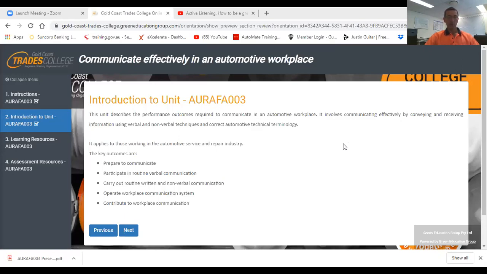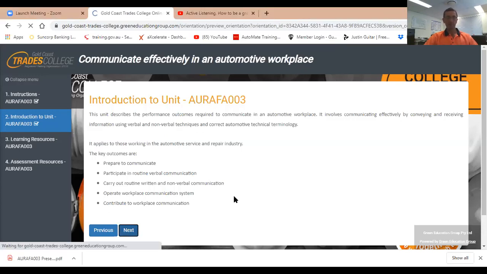It applies to all those working in the auto service and repair industry. Key outcomes are preparing to communicate, participate in routine verbal communication, carry out routine written and non-verbal communication, operate workplace communication system, and also contribute to communication within the workplace.